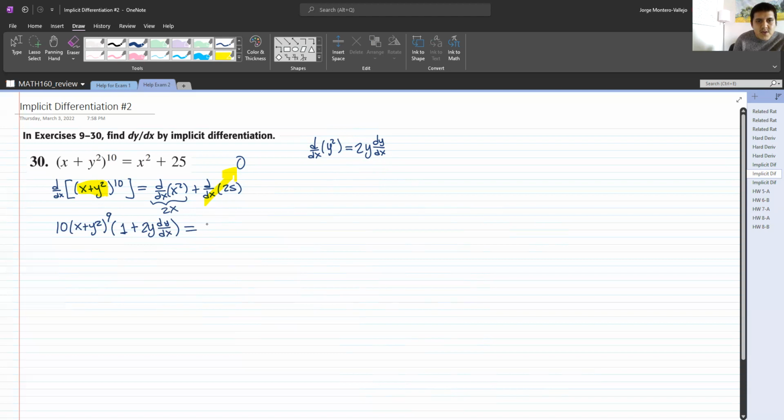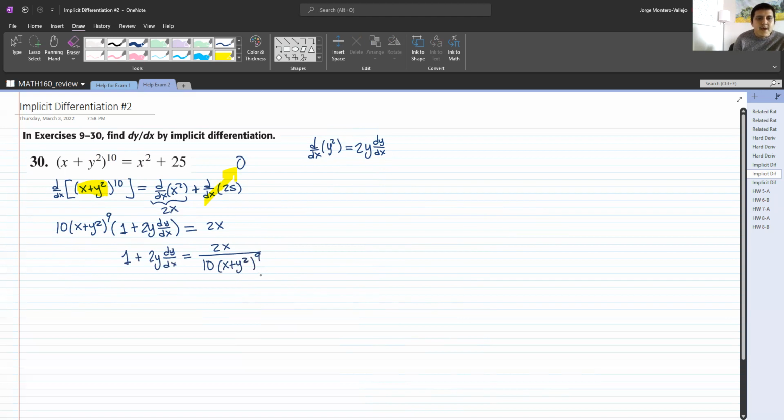Now on the right side, we had 2x plus 0. Well, we don't have to write plus 0. Okay, now remember that we also want dy/dx. So the thing to do now is divide by this thing over here. We want to get rid of that. So if we do that, then we'll be left with 1 plus 2y dy/dx equals 2x divided by 10 times (x plus y squared) raised to the 9th power.